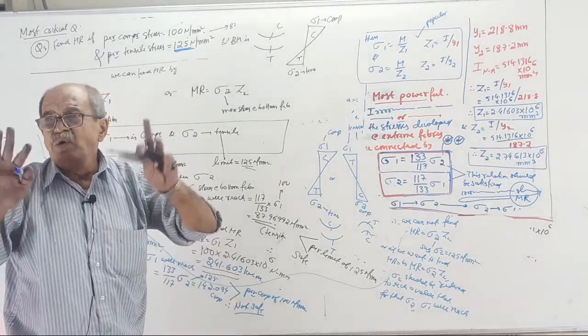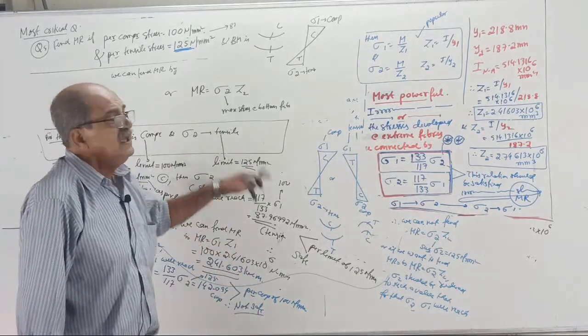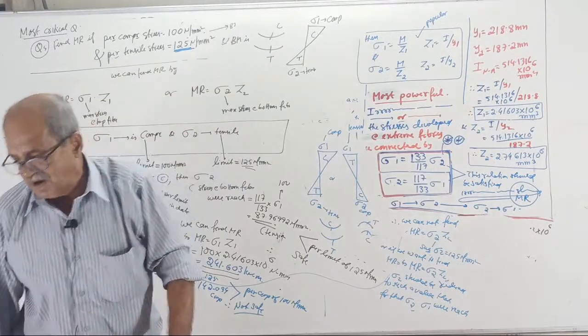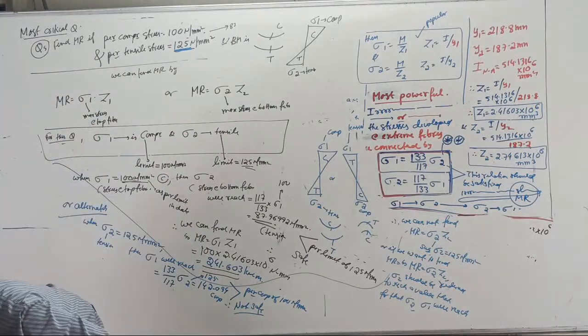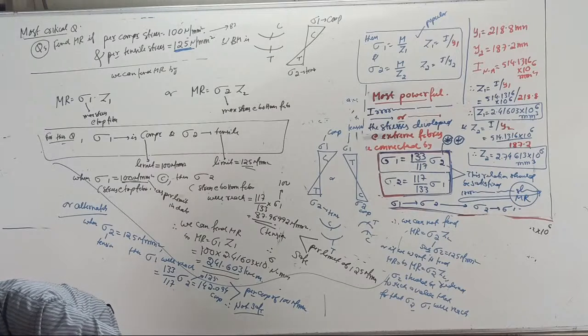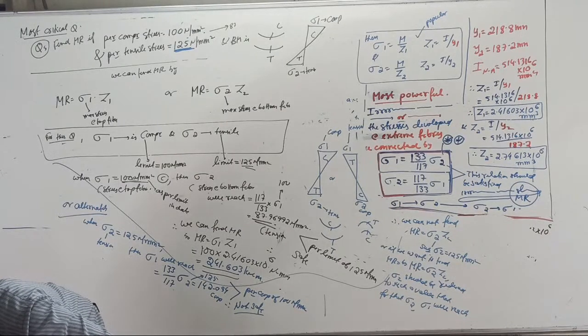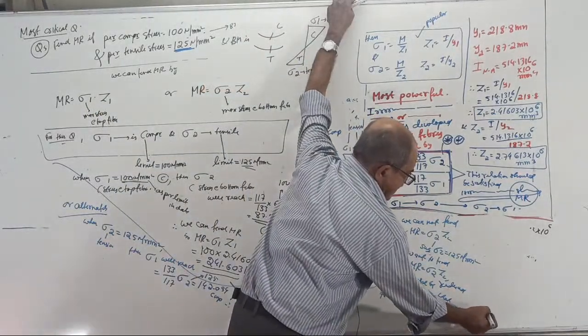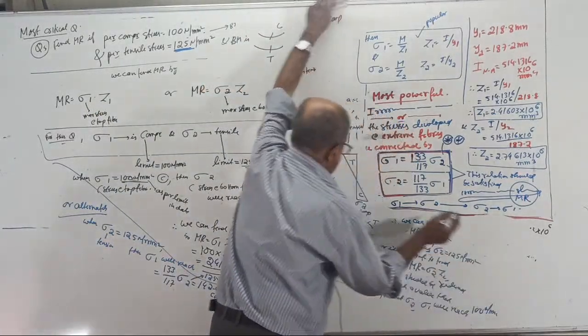Therefore, you have to reduce it to such a value so that for that particular sigma 2, sigma 1 will reach how much? This is the concept. Sigma 1 will reach 100 Newton per mm square.